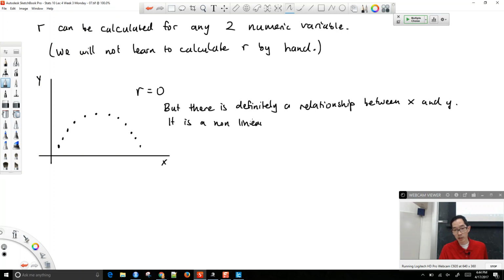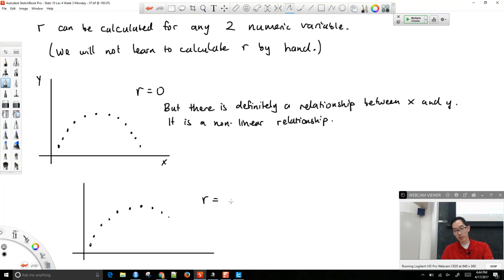So again, the interpretation of r only makes sense if there's a linear relationship. And if we have data that looks like this, we'd probably get r equal to something like 0.8, okay? But again, the interpretation does not make sense because the relationship is not linear.